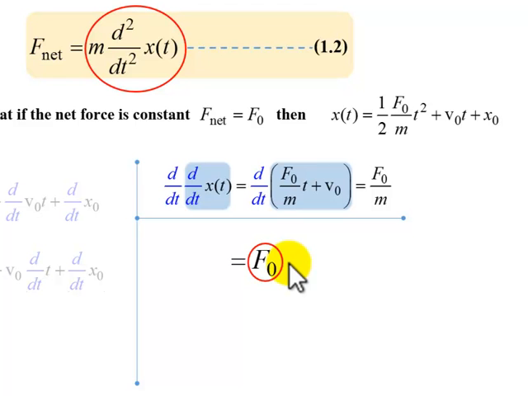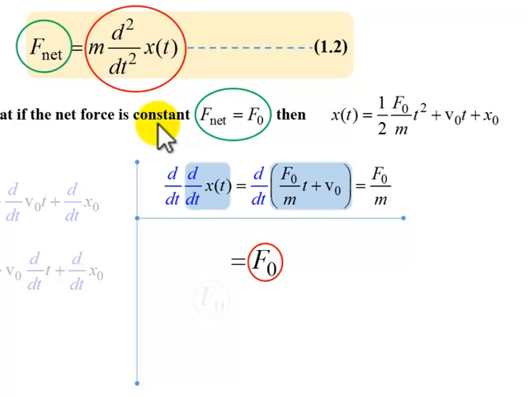Now, shifting our attention to the left-hand side of equation 1.2, it says that the left-hand side should be whatever the net force acting on the object is. Well, the problem states that in this case, the net force is a constant f0.